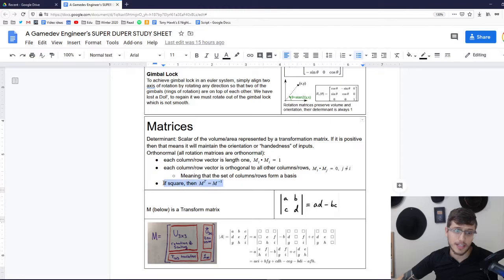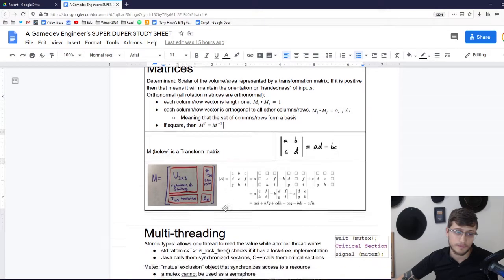And additionally, if a matrix is orthonormal and square, that means that its transpose is also its inverse. So if you need to invert that matrix, I can't think of a purpose why you would need to do that right now, but if you do, it's a lot simpler to just take the transpose rather than doing a more complicated method for finding the inverse.